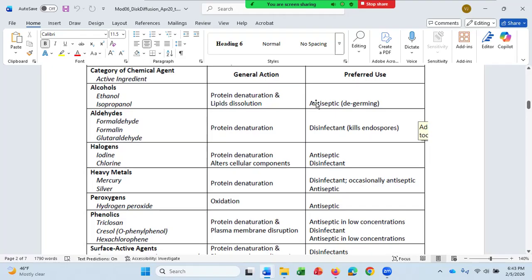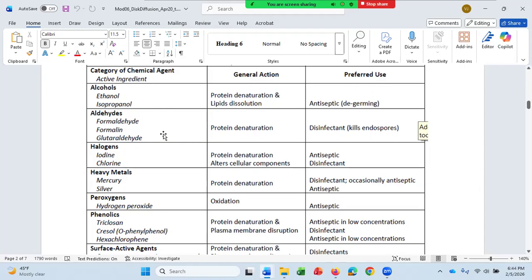So we use them to degerm the skin, and they do not kill all microbes on the skin, but they reduce the number to a safe level, and then you can inject the skin where you've applied the alcohol. That's why it's called a degerming agent. It's because they're weak antiseptics. They're not really a true antiseptic, they're a degerming agent.